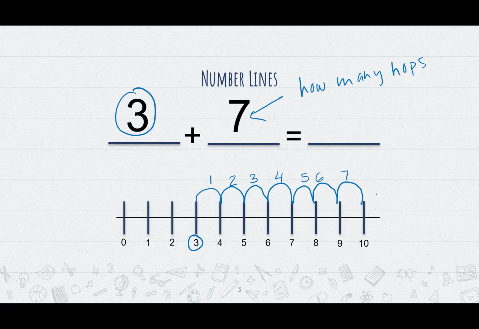So we did 7 hops. And wherever the last stick your hops touch is, that's the number that you added to. So we did 3 plus 7 equals 10. And that will be your answer. You can also use your fingers, so you don't have to draw the hops.